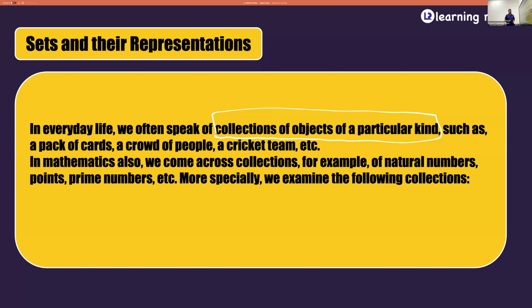For example, you talk about cards, or a crowd of people, or a cricket team, etc. All these are similar kinds of objects. Let's say the players in the cricket team, you can put it under a set. You can name that set Team India, Team Australia, whatever it is, but you put them in a format. It can be either an Excel format or Word format, or a mathematical representation, which we are going to see, right?